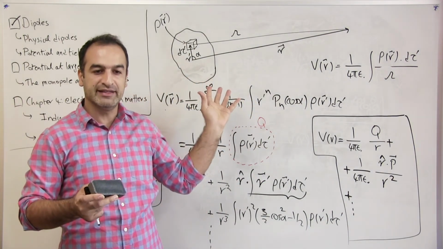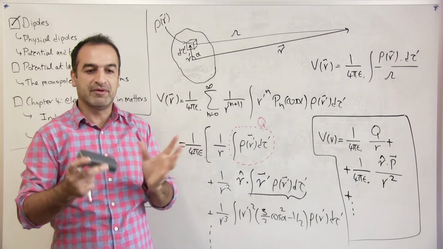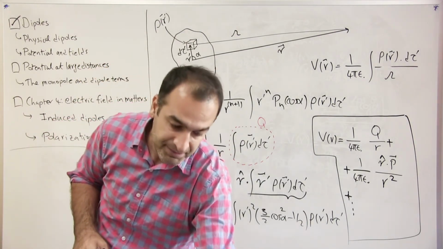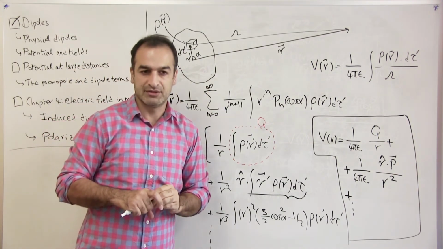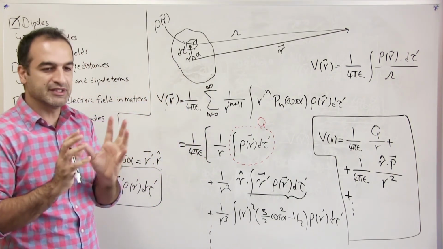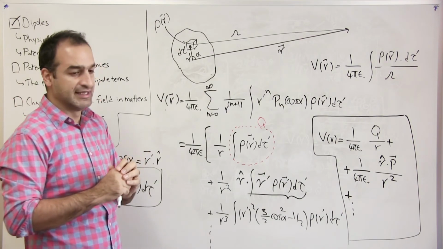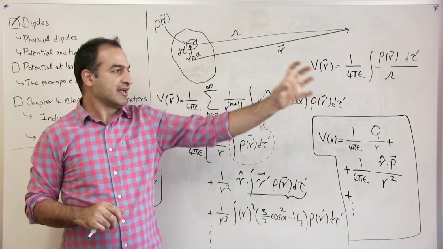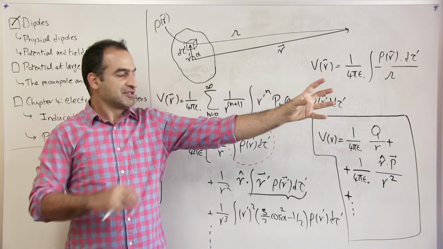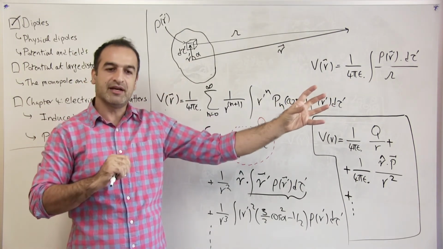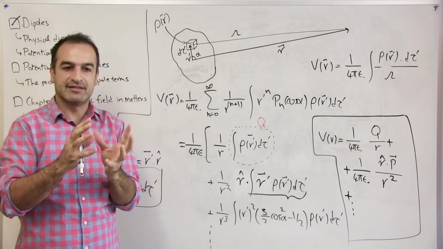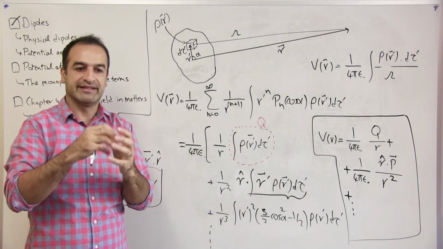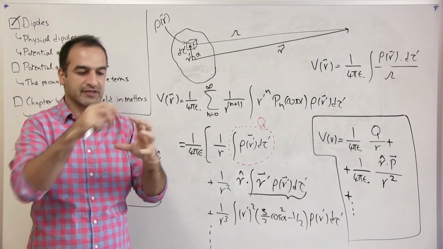And what we are doing here is looking at what type of approximation we can have, considering that we are far away from the charge distribution. Conceptually, there's one way. Imagine I look at a certain charge distribution from far distances. Sometimes I don't even need to care about the details of this charge distribution and how the charge is different at different points.